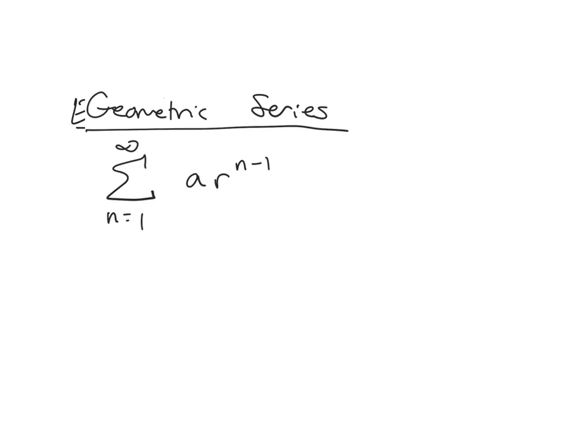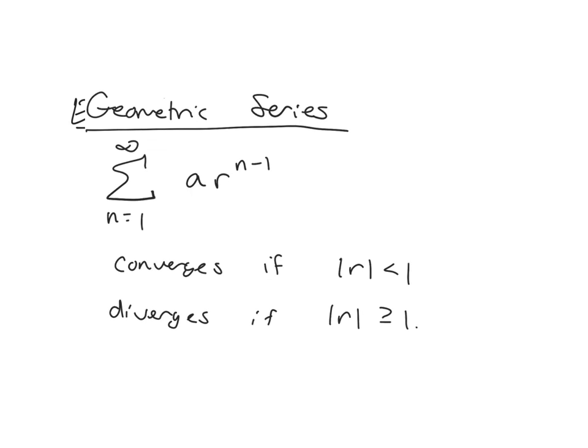And when do we know when the series converges? There's a condition on r, right? The absolute value of r is less than 1. And it's going to diverge otherwise, right? It diverges if the absolute value of r is greater than or equal to 1.